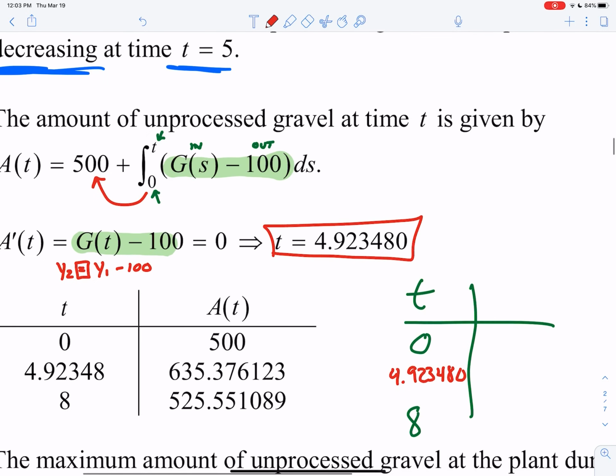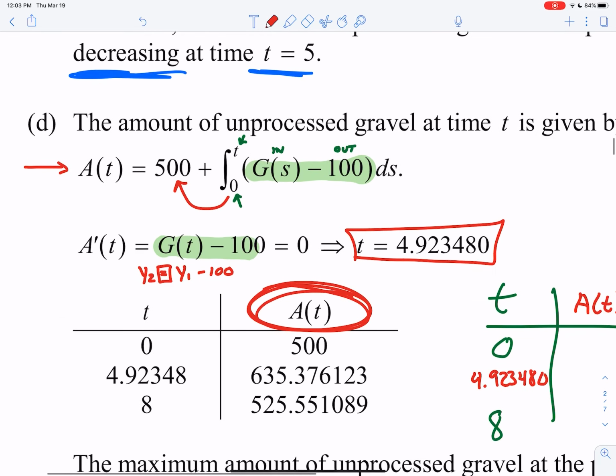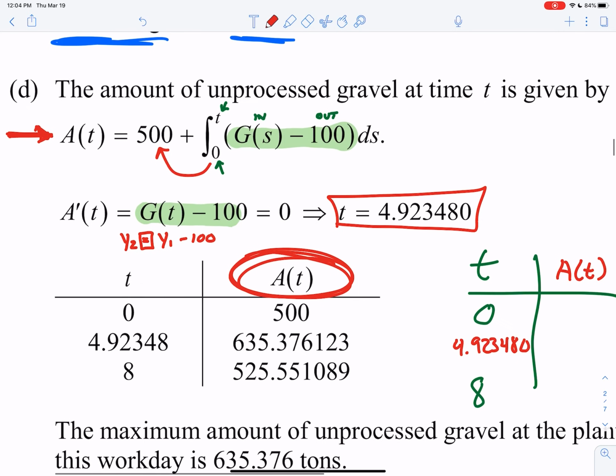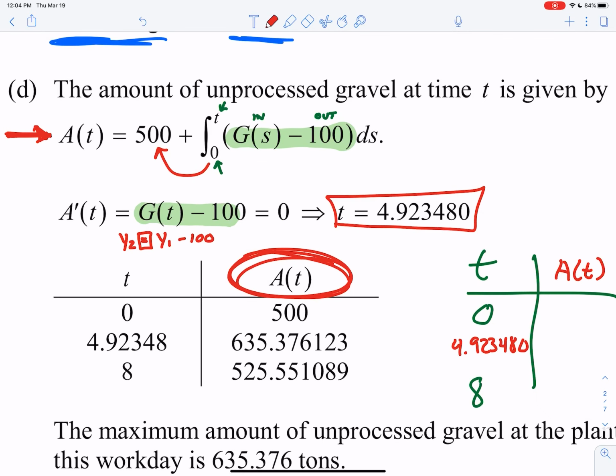So you're trying to find out where the amount is the largest, so you have to plug it back into A of t, which is what we had up here. So, two ways that you could do this.